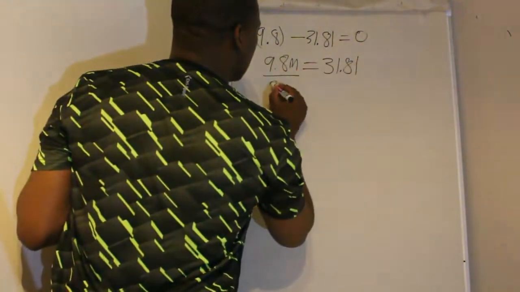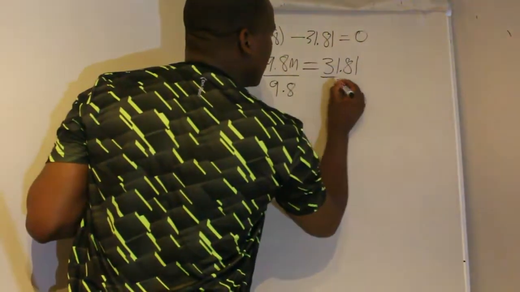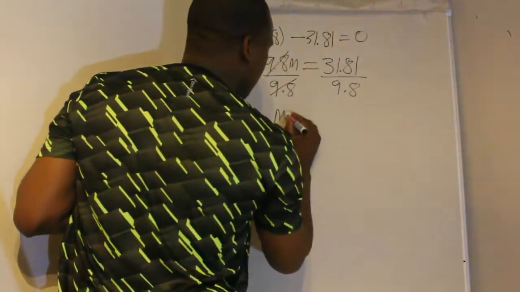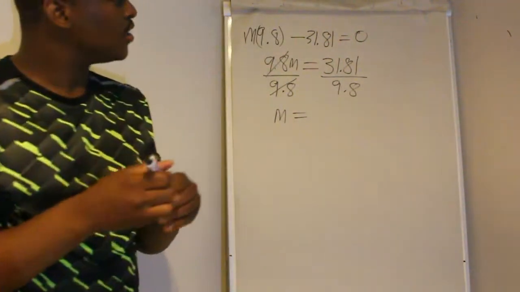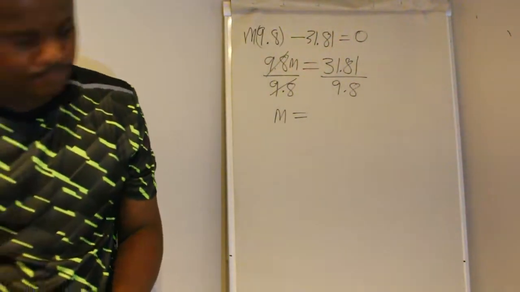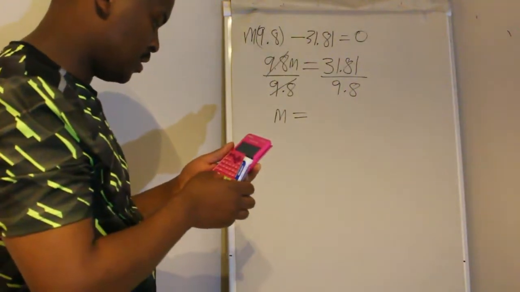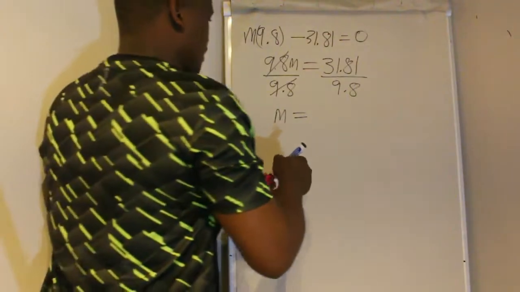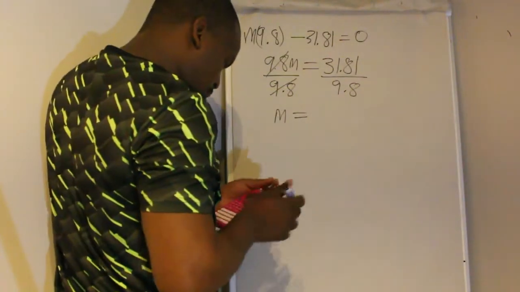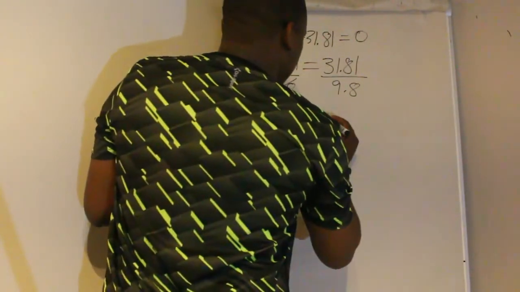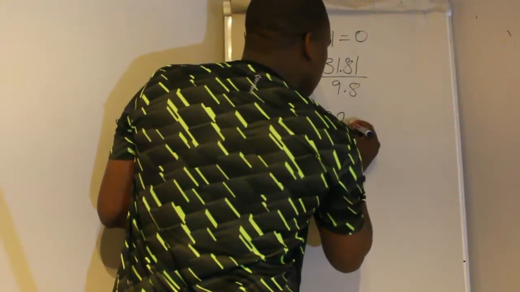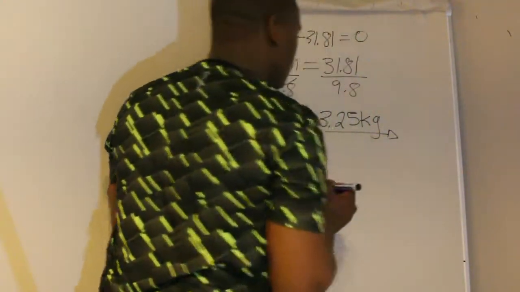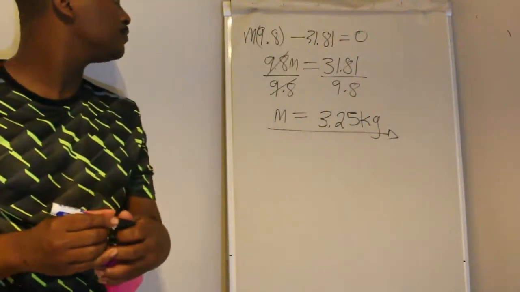So divide by 9.8, divide by 9.8. This cancels out. m is equal to 31.81 divided by 9.8, which is 3.25 kg. So this is the mass of that unit.